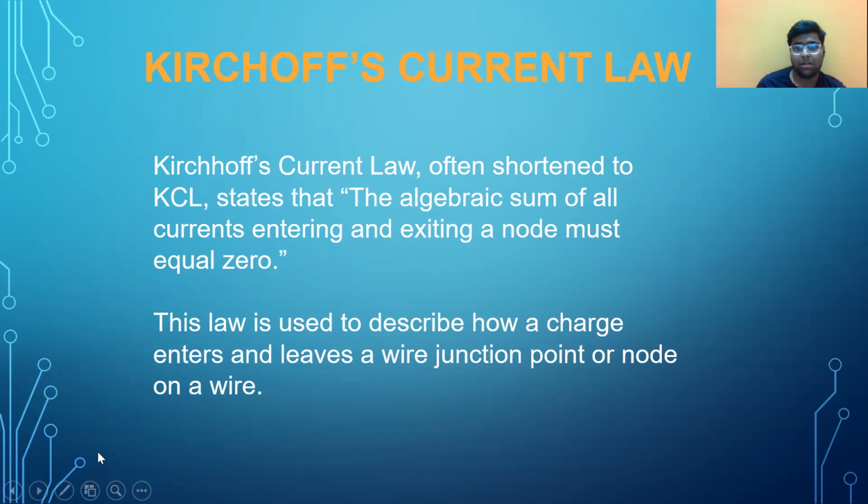Simply, we say that to know the current in a wire or a junction, this law is useful, and Kirchhoff's current law is useful to measure the current at each junction.